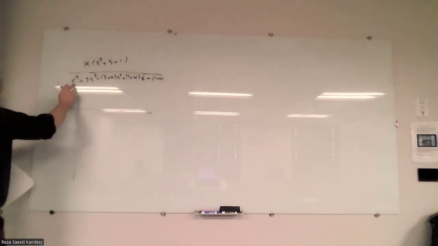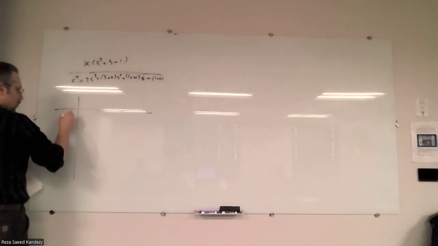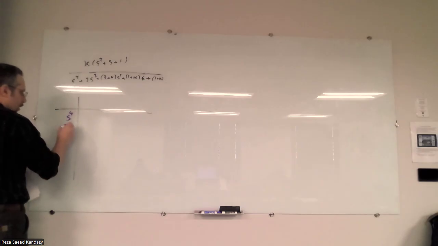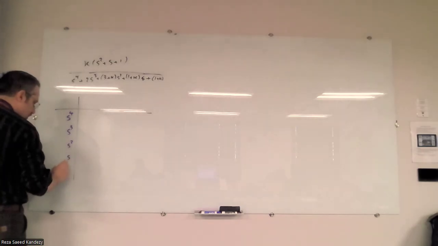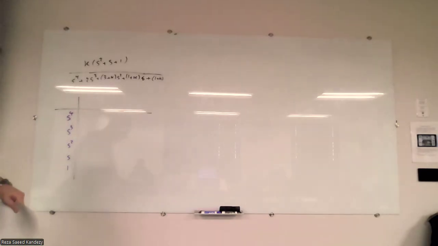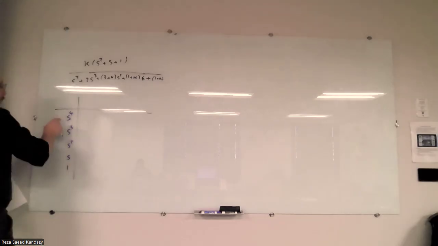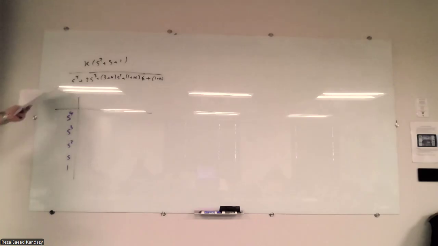Now, it's the fourth order, so we are gonna have the rows S to the power of 4, S cubed, S squared, S, and S to the power of 0, which is 1. Okay, so we have to go from the highest order all the way to the order of 0, which is 1.